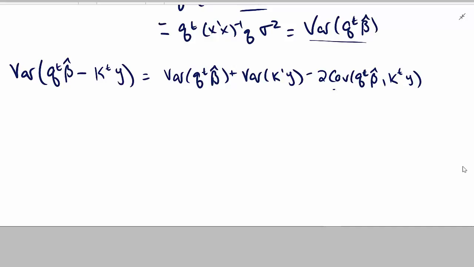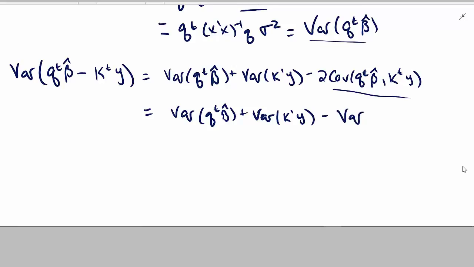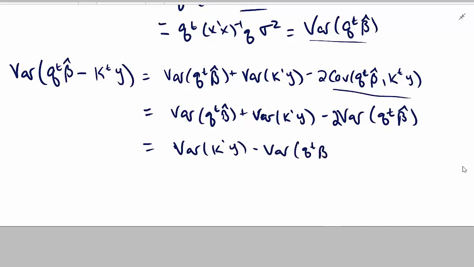Okay, now remember, we just proved that the covariance between the two estimators is exactly equal to the variance of Q transpose beta hat. So this works out to be the variance of K transpose Y minus the variance of Q transpose beta hat.